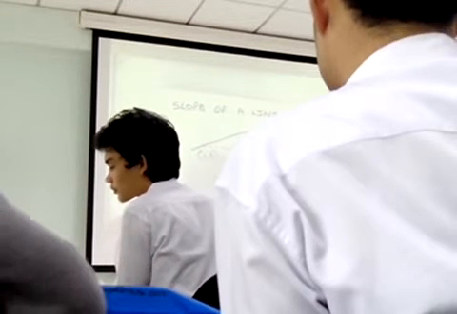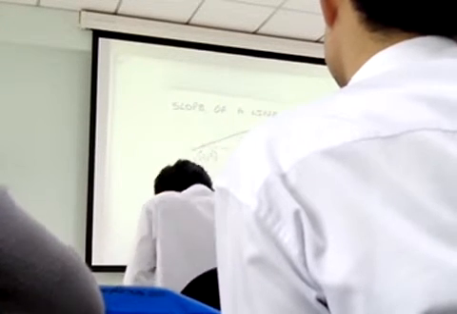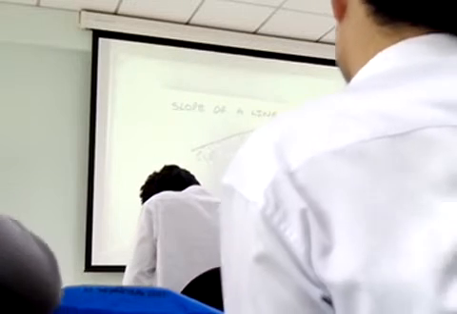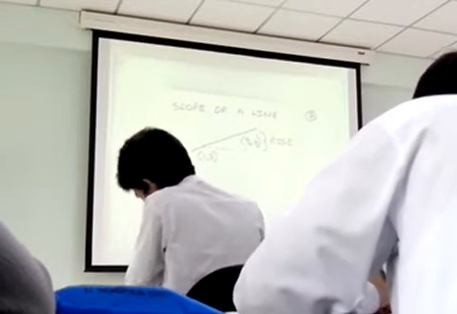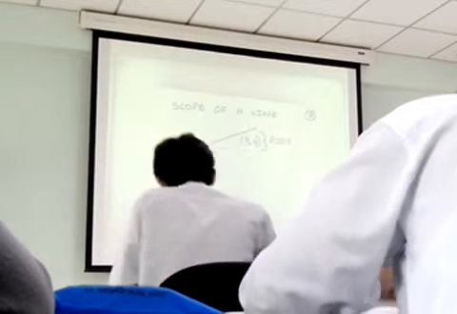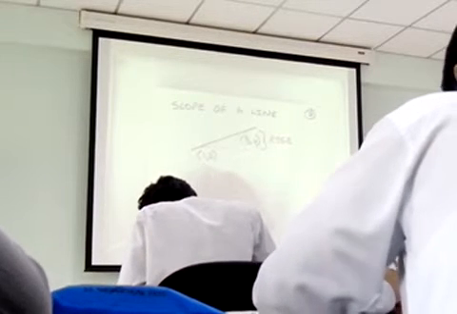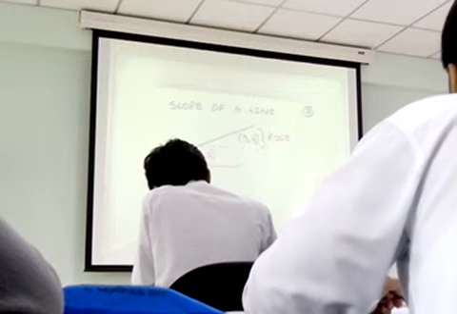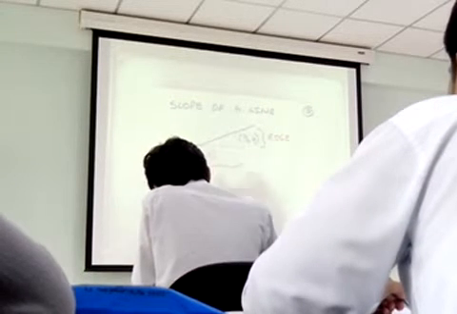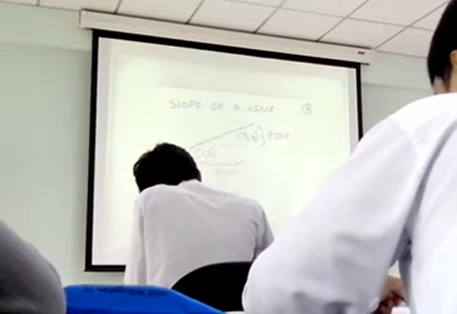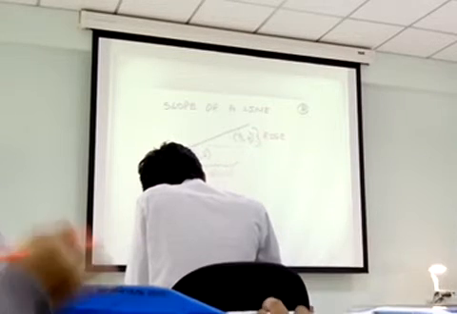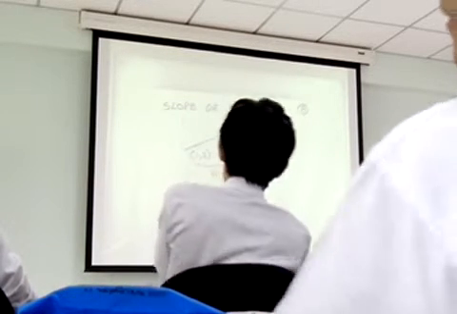In English, this distance, the amount that it's increased, the amount that it's gone up, is called the rise. And this value, the amount that you've gone across, is called the run. So how much have you gone across and how much have you gone up? The two things.